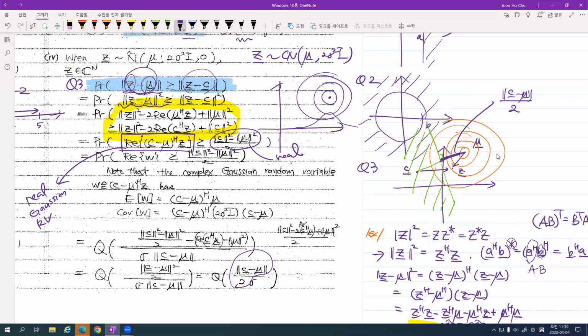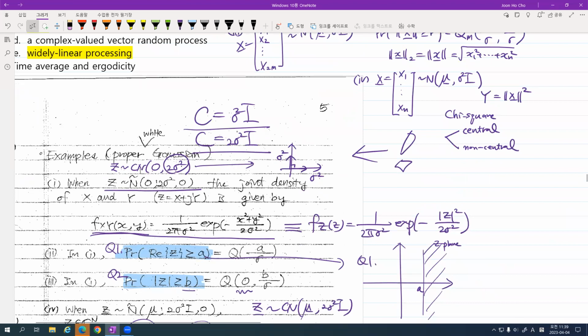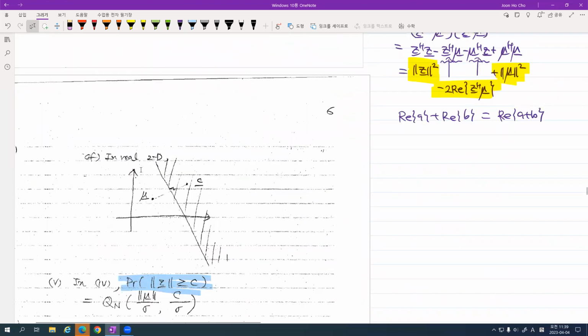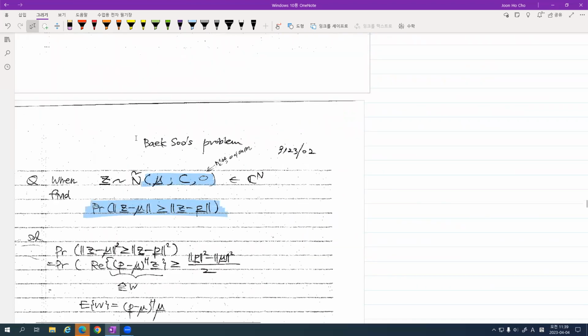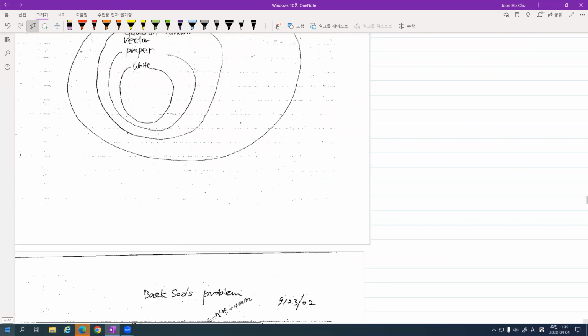In the beginning, when I wrote up to this point, I said that it may involve the generalized Marcum Q function. No, the Q function. That was the surprise, actually. Got it? If you have read it, I probably wrote his name somewhere. Yeah, Baeksu's problem. His last name was Kwak, Baeksu Kwak.